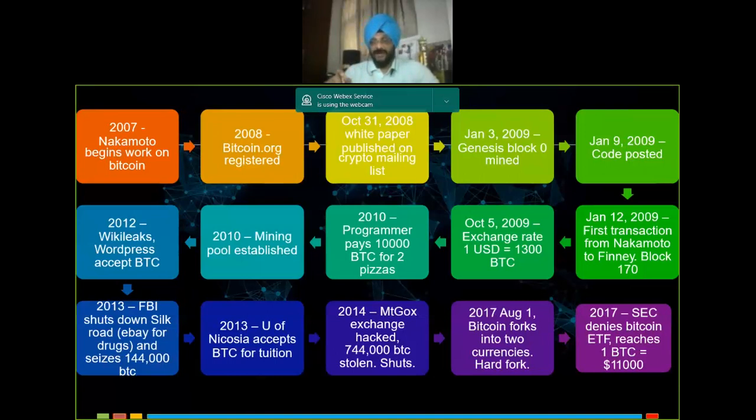On January 9, 2009, they posted the code, and then transactions started happening. And on the 5th of October, the exchange rate of one USD was almost 3,100 Bitcoins. Thereafter the mining tools came up, and a lot of people started mining.